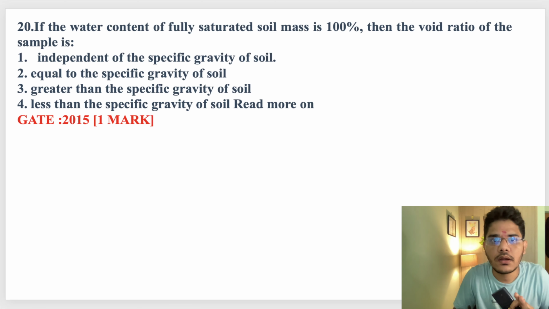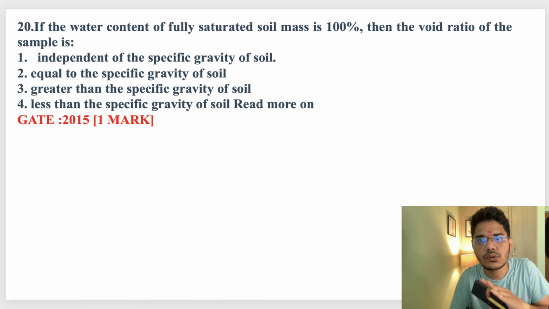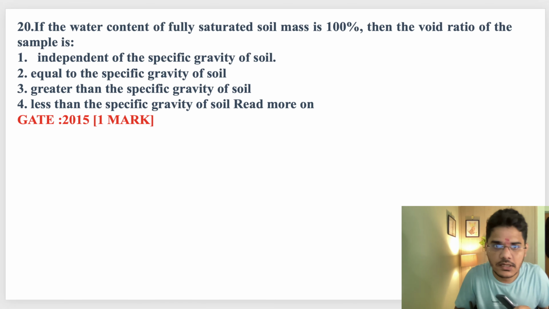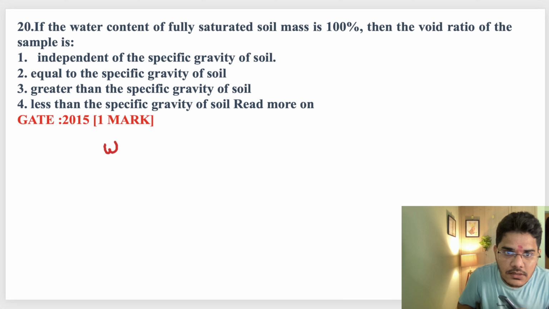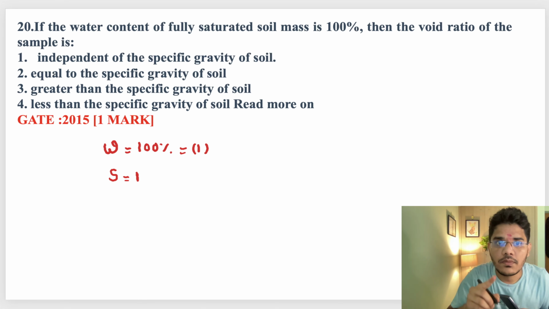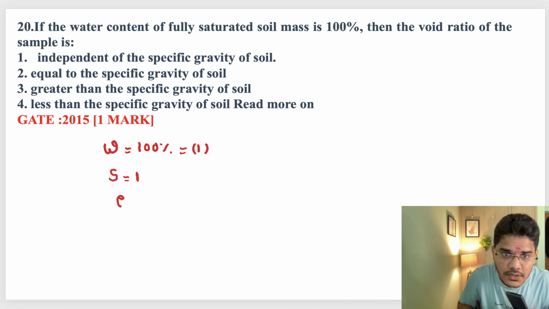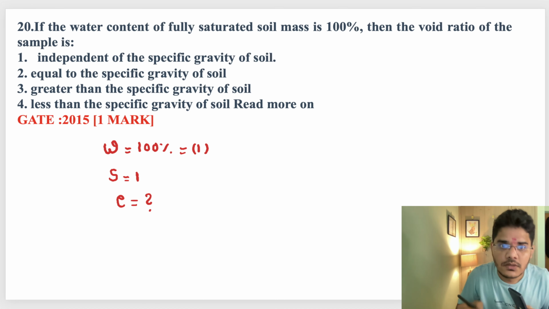If the water content of a fully saturated soil is 100%, so water content is equal to 100%, which is nothing but 100 by 100, that is equal to 1. Fully saturated means S is equal to 1. Then the void ratio of the sample is, so e is equal to what?